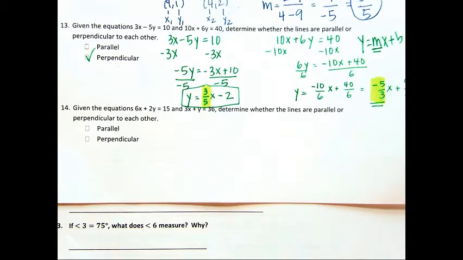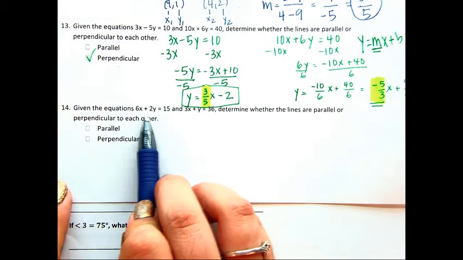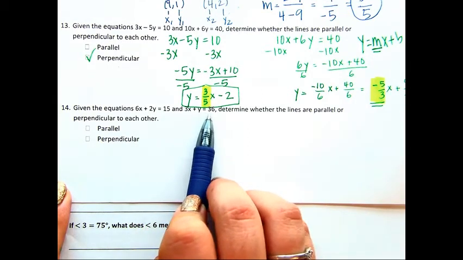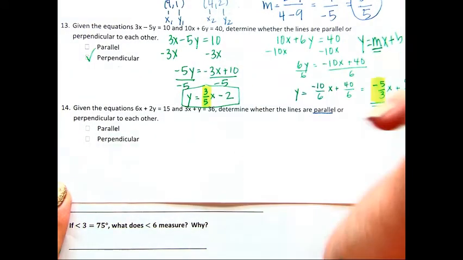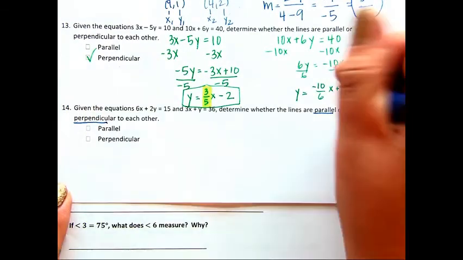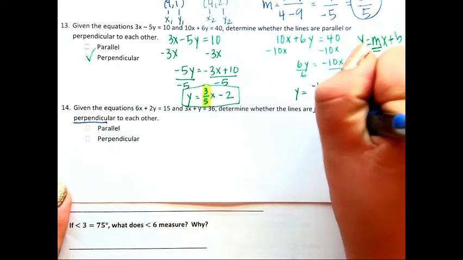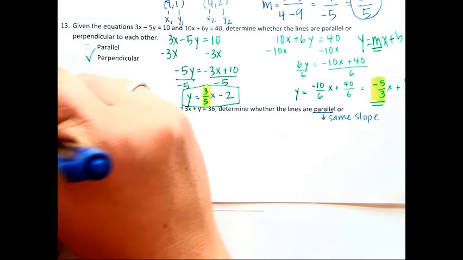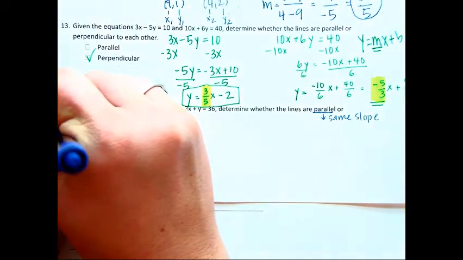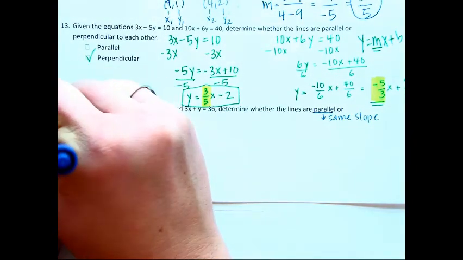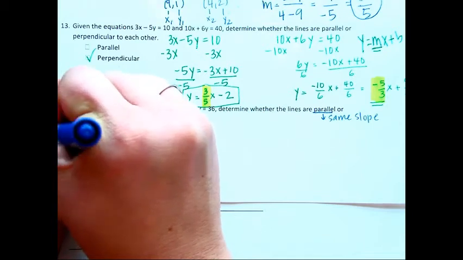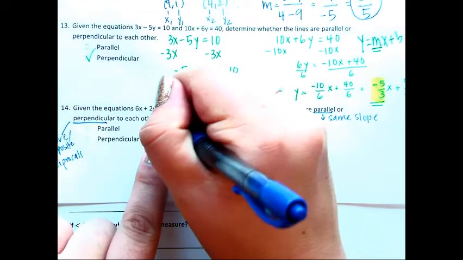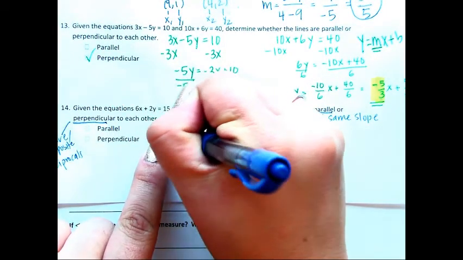Okay, so number 14, given the equations 6x plus 2y equals 15 and 3x plus y equals 36, determine whether the lines are parallel or perpendicular to each other. So remember, the lines are parallel if we end up with the same slope, and they're perpendicular if their slopes are negative or opposite reciprocals of each other. So let's start off with 6x plus 2y equals 15.